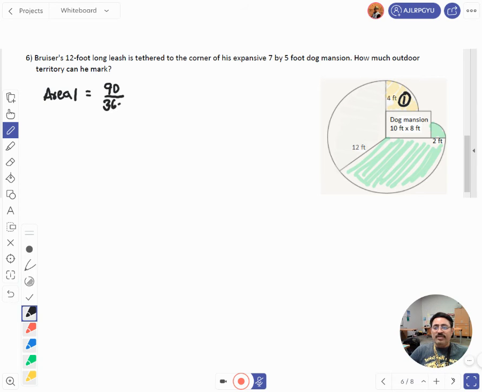So 90 over 360, area of a circle is pi times radius square. So that is 90 over 360 times pi value 3.14. What is the radius? You can see that here it is 4 feet. Therefore, radius square.